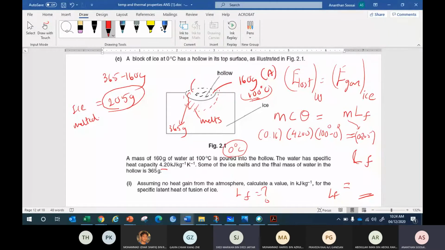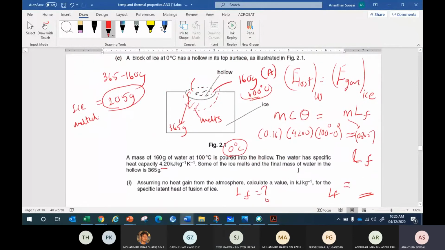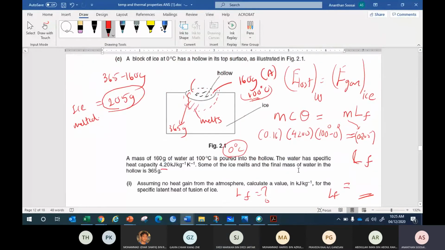I got 4,200 joule per kilogram. The final answer I'll get in joule, but they want kilojoule. If they want kilojoule, you can just leave it as 4.2. So you take it as 4.2, but mass must convert to kilogram, 0.16 kilogram, because the latent heat is per kilogram.